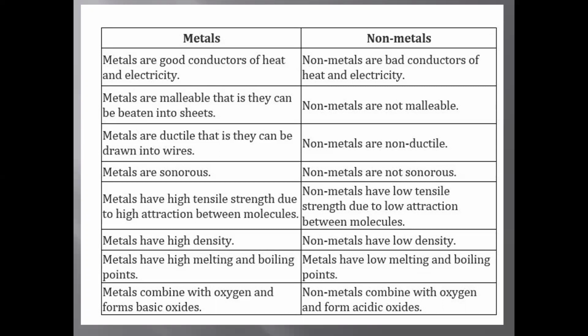Next, metals are sonorous. Sonorous means when we hit or clink it, it will produce sound. But non-metals are non-sonorous, meaning they do not produce any sound when struck. Metals have high tensile strength. Tensile strength means if you try to tear an aluminium wire or copper wire, it will not easily tear.